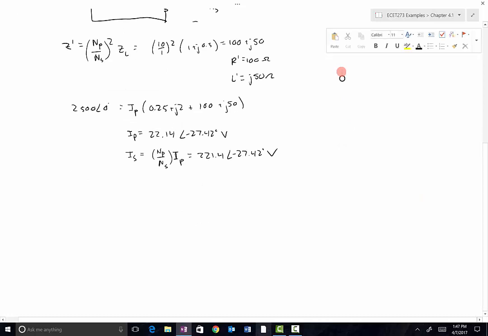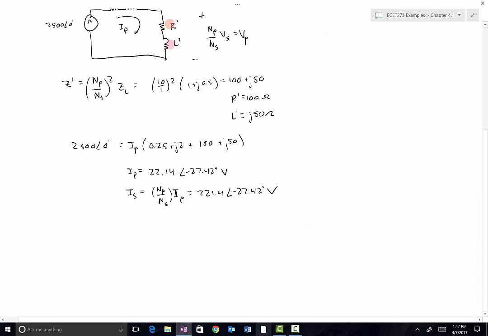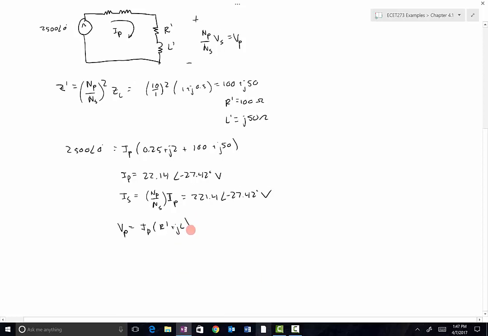I'm just going to say that the primary voltage is just the voltage dropped across R prime, L prime in this case. So VP is equal to IP times R prime plus JXL prime. For some reason the eraser's not wanting to work. There we go.